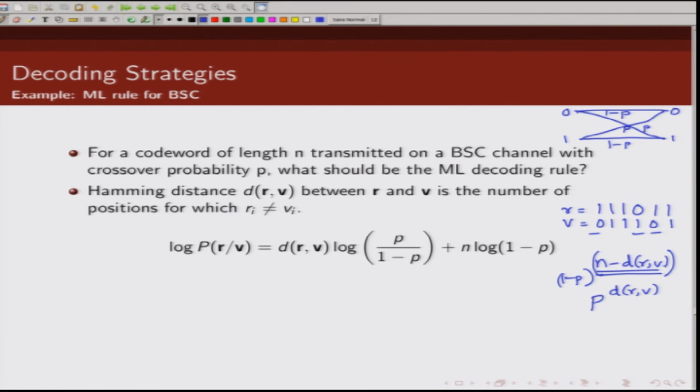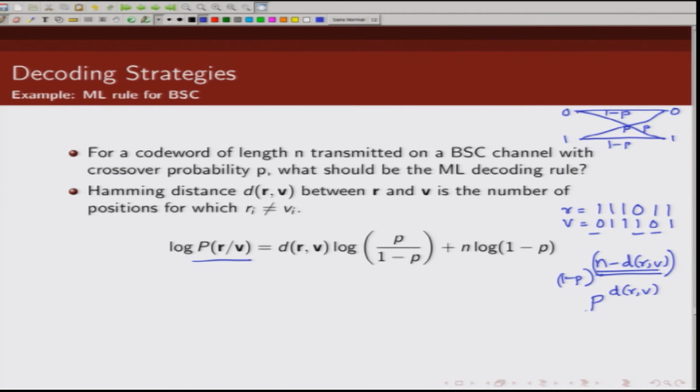So, we can write the probability of R given V as p raised to the power d into 1 minus p raised to the power n minus d. Now, if we take log on both sides, this becomes n minus d times log of 1 minus p plus d times log of p.